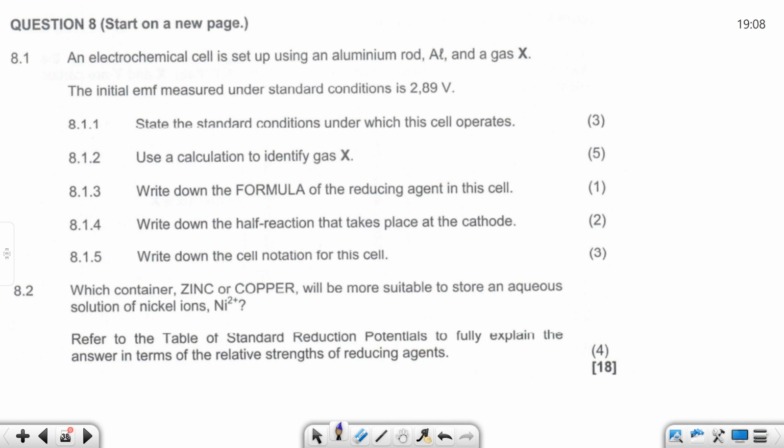Mole ratio is, when we say mole ratio, it is always the number of moles that reacted. Until you get the number of moles that reacted, you cannot use mole ratio. So you cannot use mole ratios from pH, because we haven't gotten the number of moles that reacted.